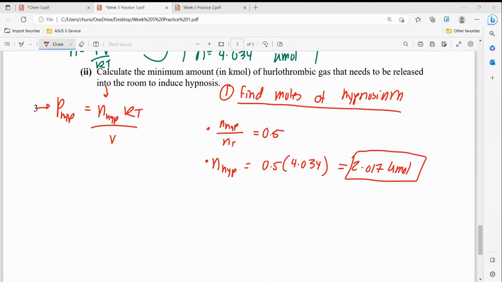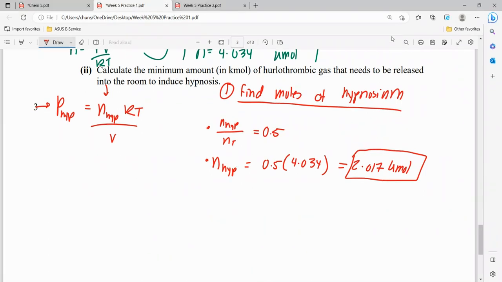So now we want to find how to get to there. And by multiplying this by 2, we can get the minimum we need.